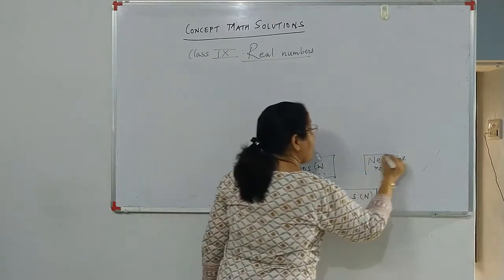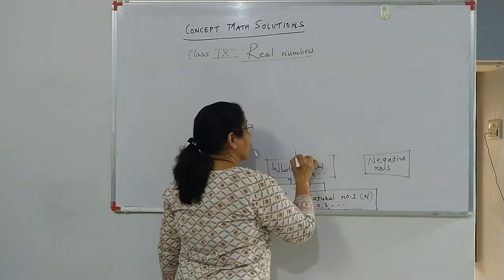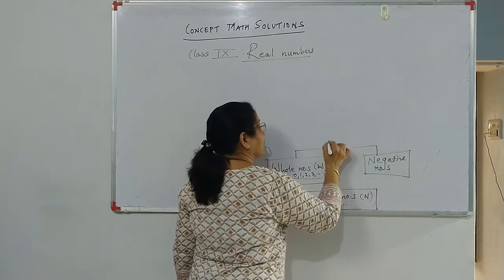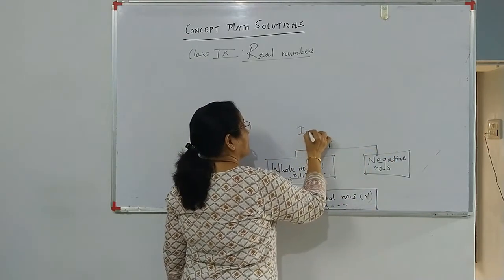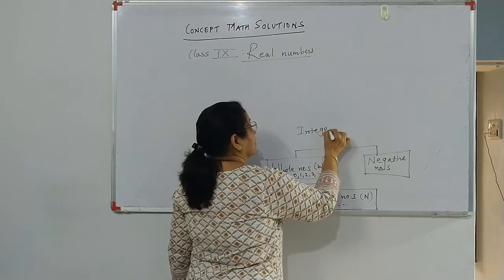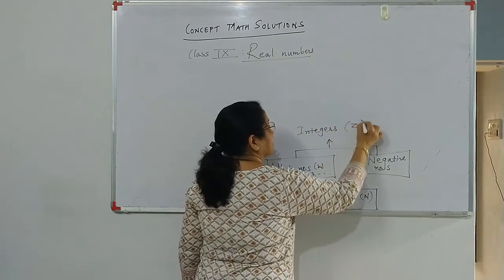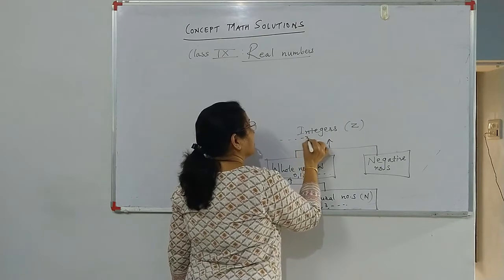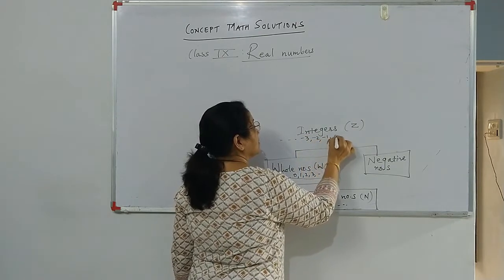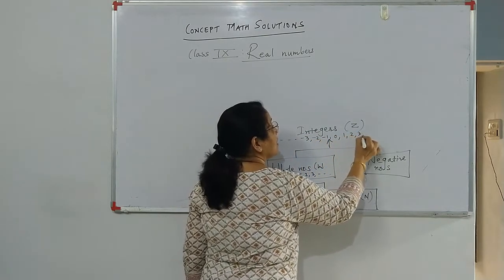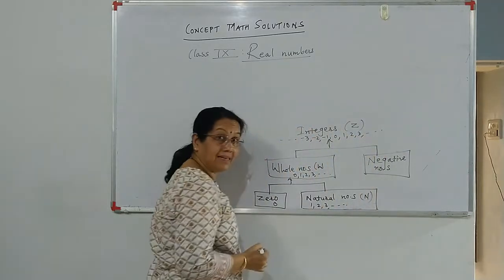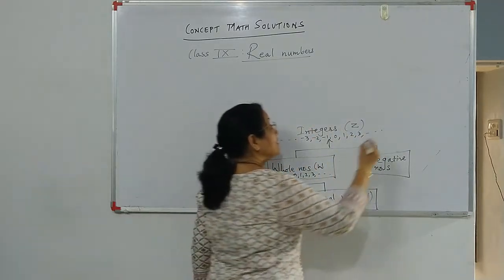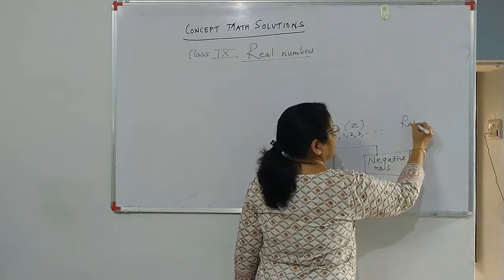Negative numbers and whole numbers mix up and you get the set of integers, denoted by Z, and you have -3, -2, -1, 0, 1, 2, 3 and so on. They were integers.